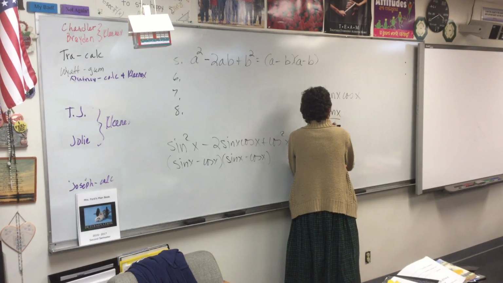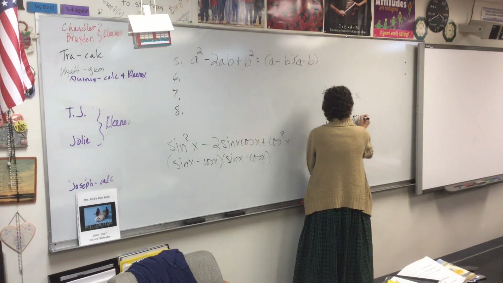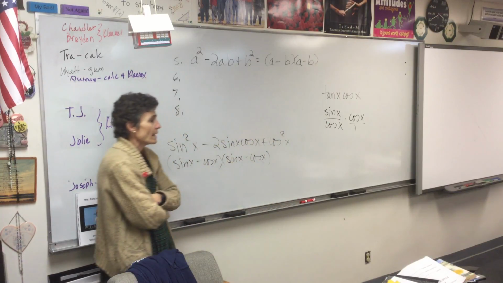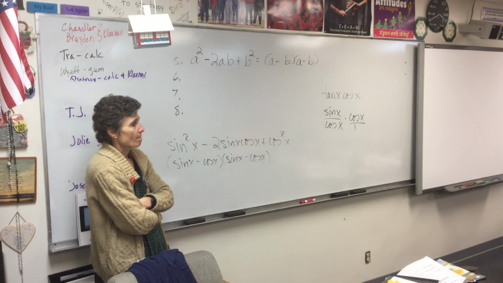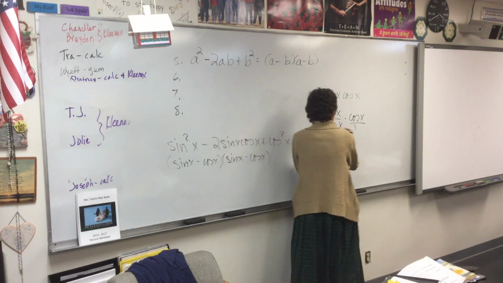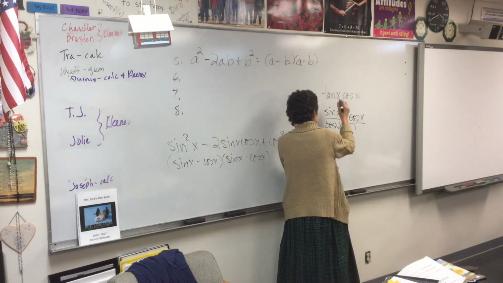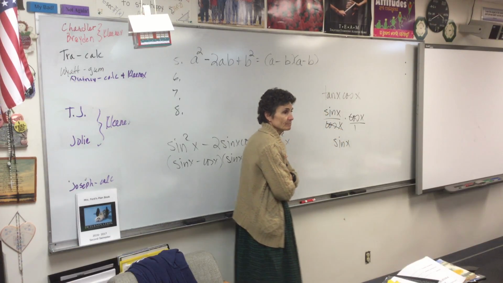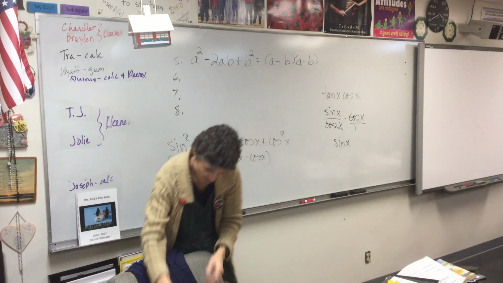So step 1, sine over cosine. What happens? The cosines cancel. This is a multiplication problem. Don't the cosines cancel? So what does that simplify down to? Just sine.